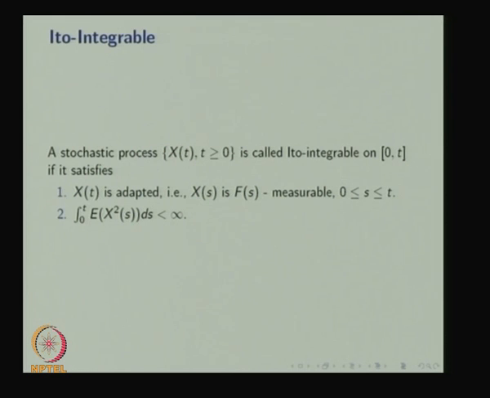The Ito integral we discussed in the first line is I of t equals the integral from 0 to t of X of u dW. So a stochastic process is called Ito integrable on the interval 0 to t if it satisfies the first condition, it is adapted, that means X of s is F_s measurable, and it is mean square integrable, that is the integral from 0 to t of the expectation of X squared of s ds has to be finite.